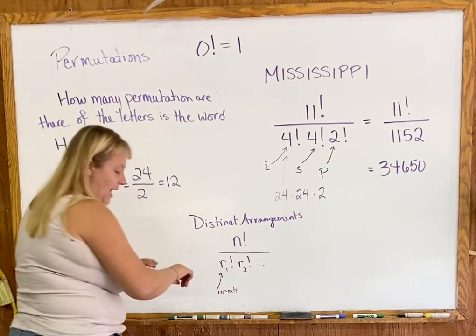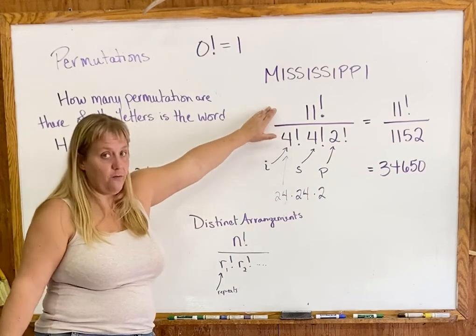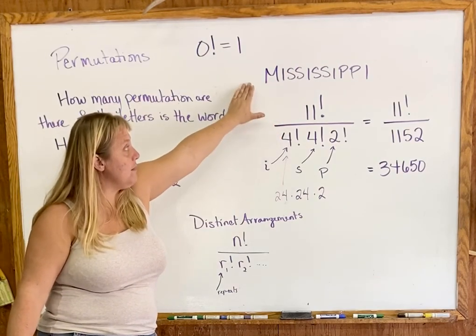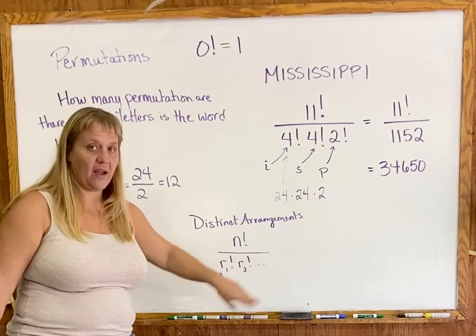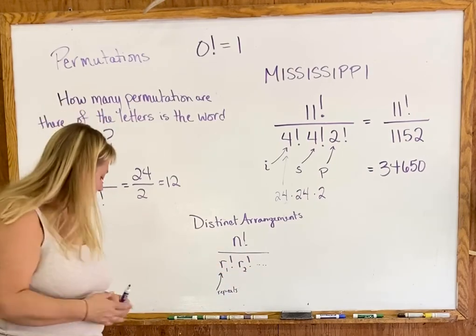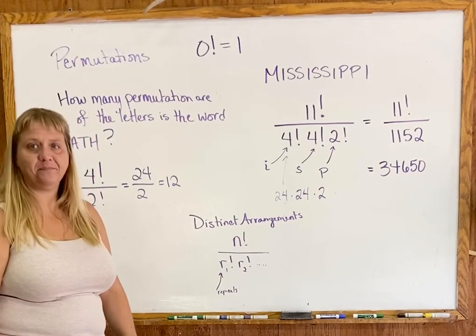Okay, so it's kind of a made-up formula, but that's what we basically did here. We start with the full number of letters, 11 factorial, and then we put the repeats, their factorials on the bottom. Okay, so that is the formula there. All right, what do you think?